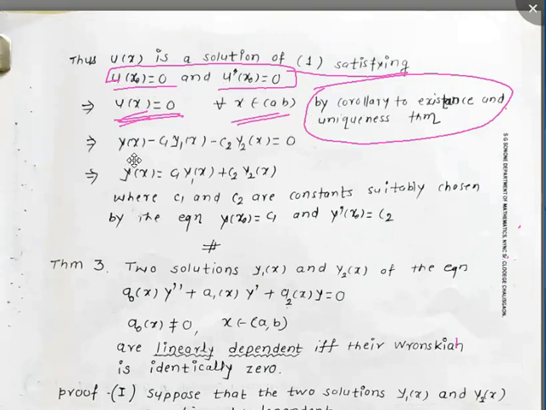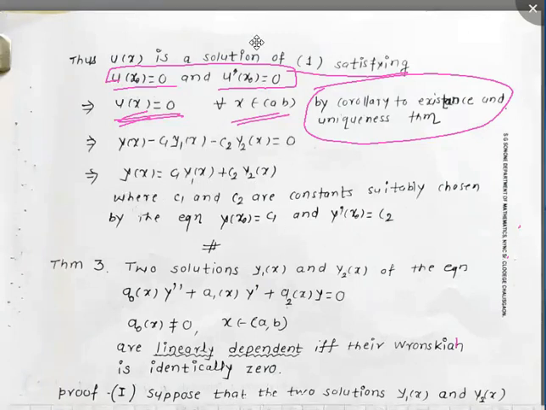But what is u(x)? u(x) is this linear combination of three solutions: y(x) minus c1 y1(x) minus c2 y2(x). It implies that y(x) is equal to c1 y1(x) plus c2 y2(x).